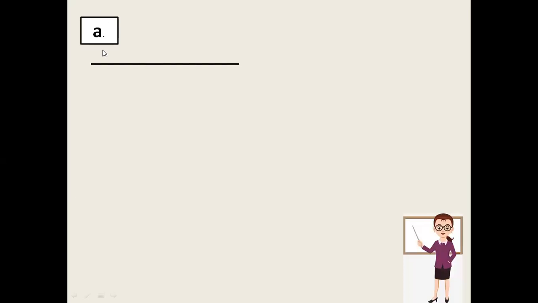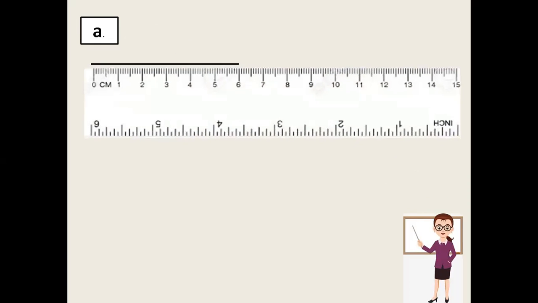Okay, so here one line is given and you have to find out what is the length of this line. So, put your ruler like this, start from the 0 and then you can find out the length of this line.